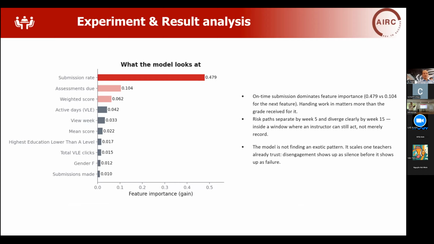A student who submits work, even with low scores, is still engaged. A student who stops submitting is already leaving. By week 15, the trajectory is already predicted for all weeks. So clearly, intervention is not just possible, it's overdue if it didn't happen before.